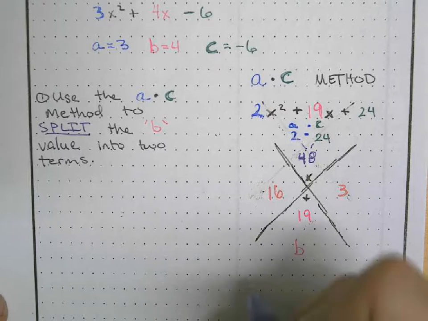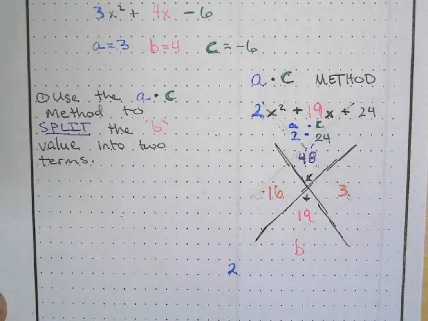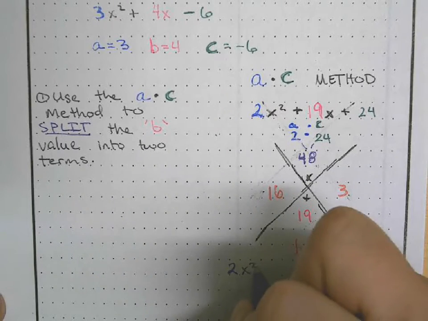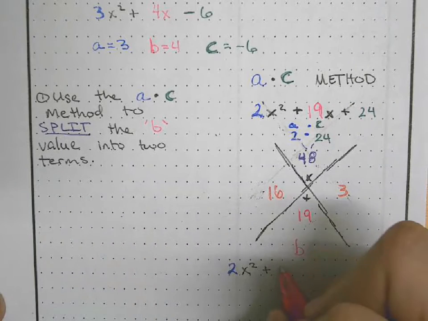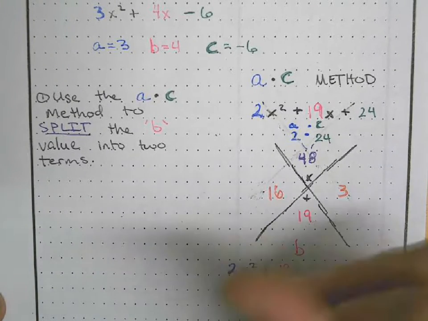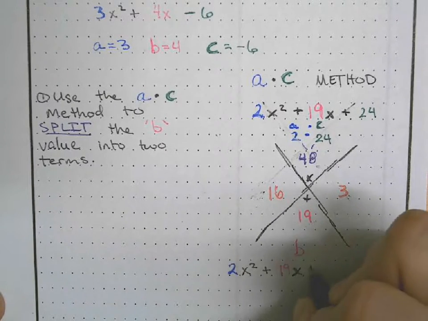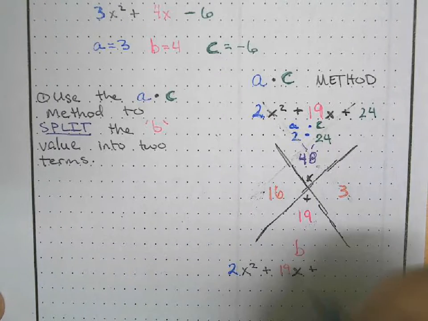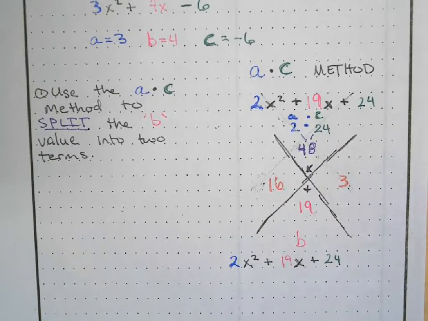I'll have my 2x squared plus 19x plus 24, copying the problem again. And here's where the magic happens.